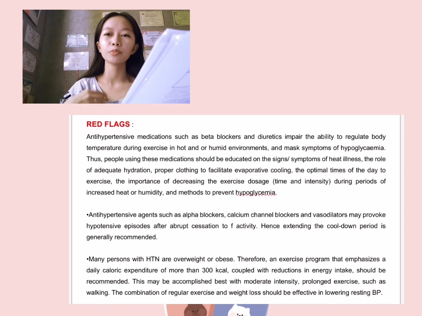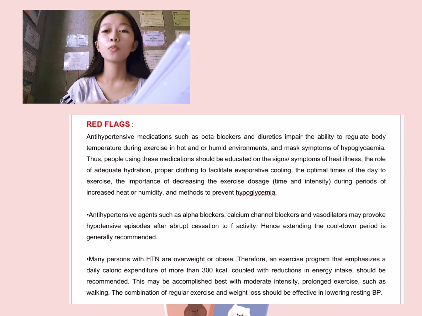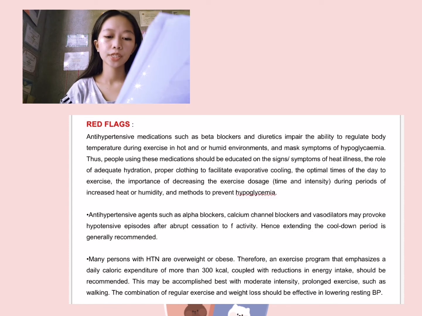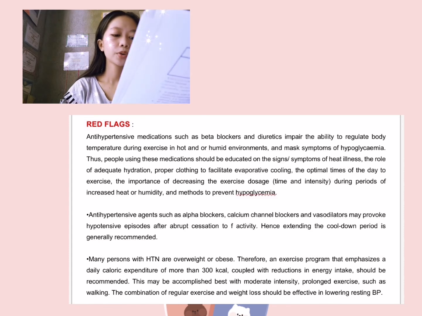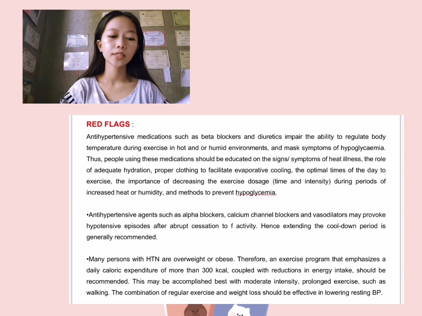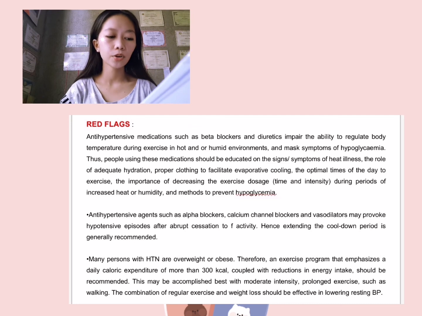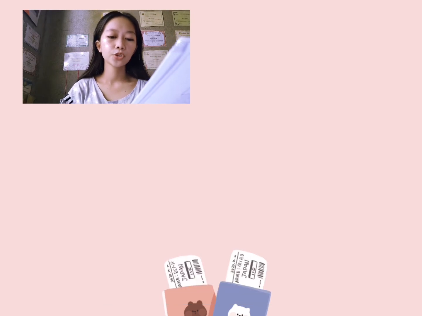That's why it is very important for us to drink water every single day. Second is proper clothing to facilitate evaporative cooling, the optimal times of the day to exercise, the importance of decreasing the exercise dosage, or its time and intensity, during periods of increased heat or humidity, and methods to prevent.